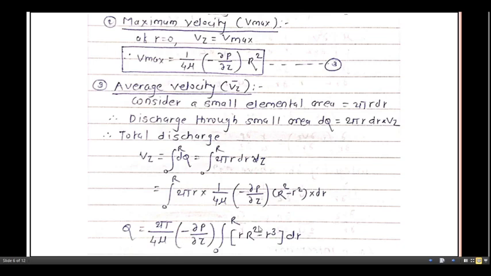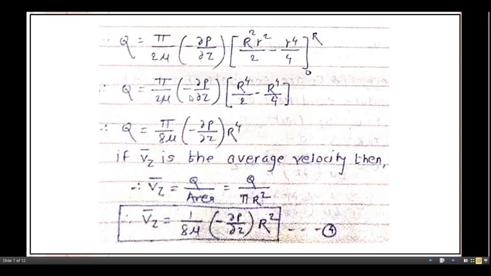Now whatever terms are related with r, write them here. Multiply r into the inside term: r multiplied by capital R square minus r cube into dr.